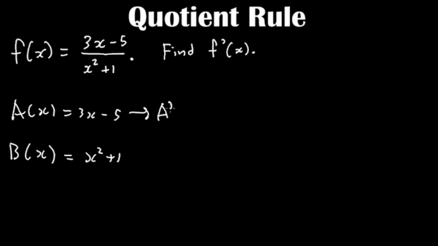So a prime of x, again, we can just use our shortcut. This is just a linear function with slope 3. So our instantaneous rate of change everywhere is just going to be 3. Our derivative is going to be 3.